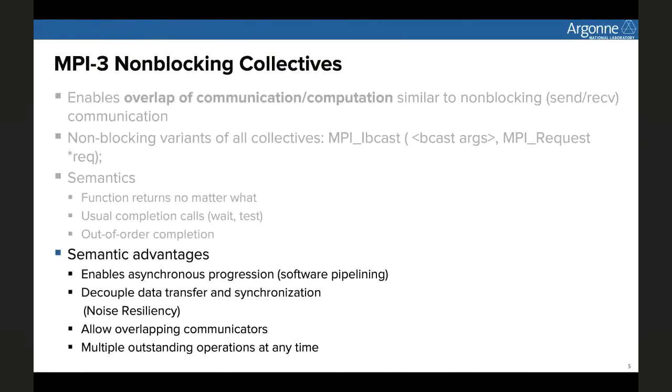If you're familiar with the double buffering concept, whereas with blocking collectives the CPU is idle while data is being sent and received on one buffer, with a double buffering or software pipelining strategy the CPU could work on the second buffer while the first buffer is being used for transferring. So it decouples the data transfer and the synchronization, because it comes out of the collective as soon as it is posted.